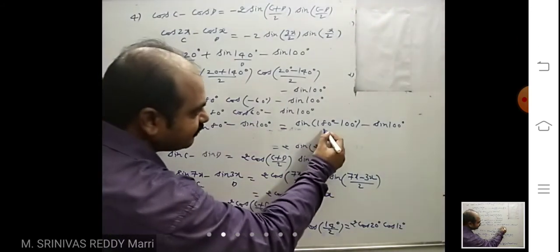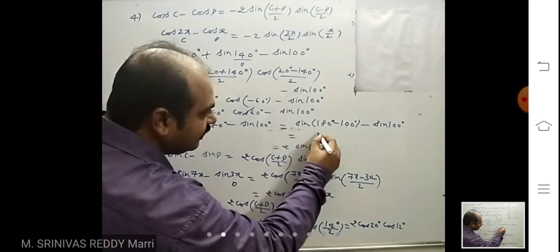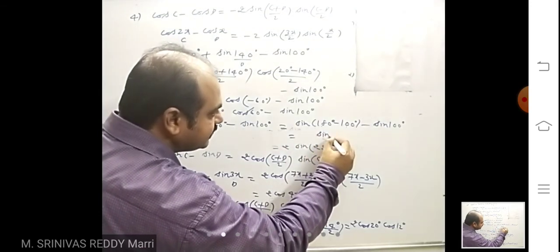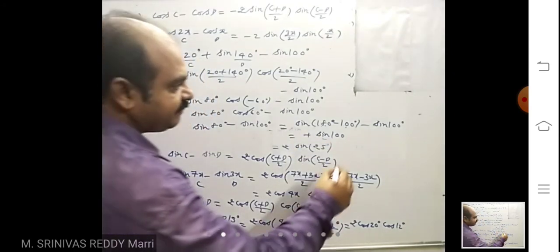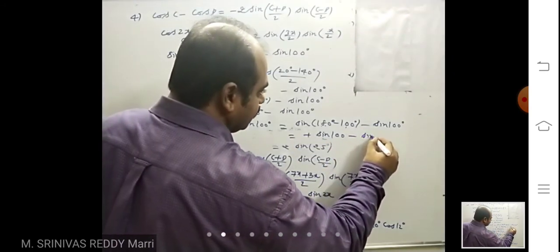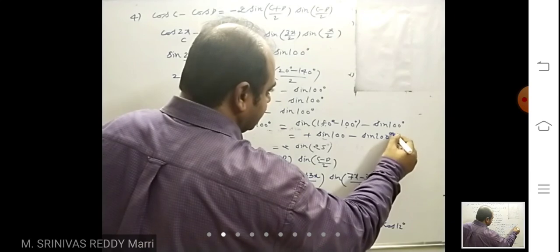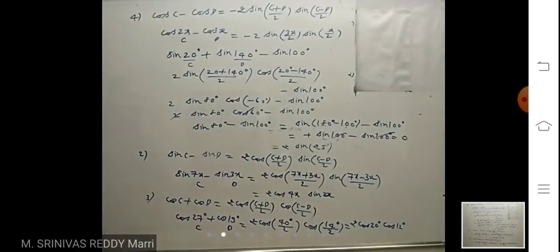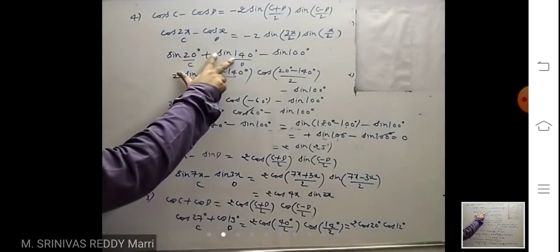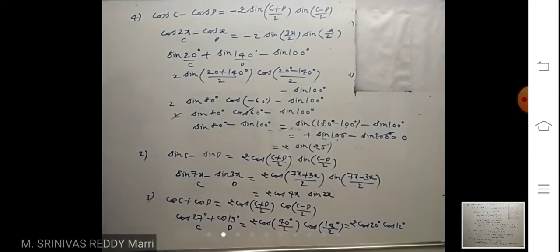This is 180 minus theta, and 180 minus theta means sine theta, since in the second quadrant sine is positive. Therefore, minus sine 100 degree, the answer is 0. Like that, whenever a sum is there, you can convert into product, then simplify. You will get it easily.